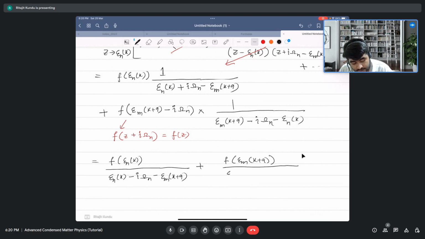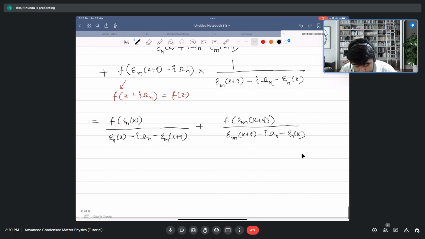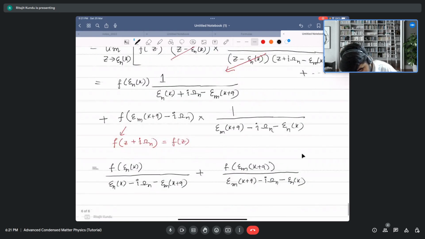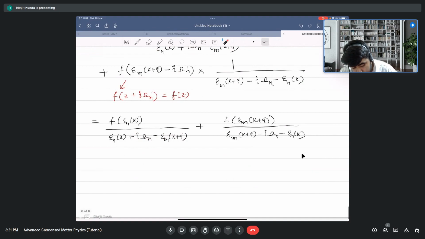And downstairs we have em k plus q minus I omega n minus E n k. Okay, so this expression looks somewhat nice. You see that both of these denominators look similar, but they differ just by a minus sign. So I'll bring that minus sign here, and write both of these denominators as the same.